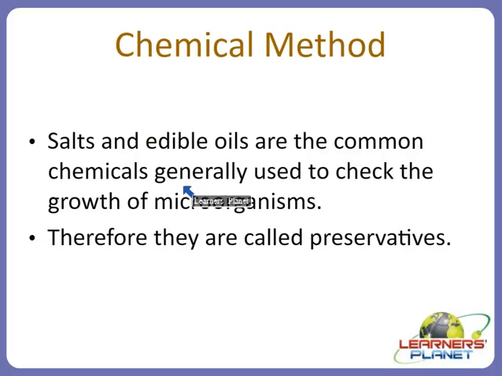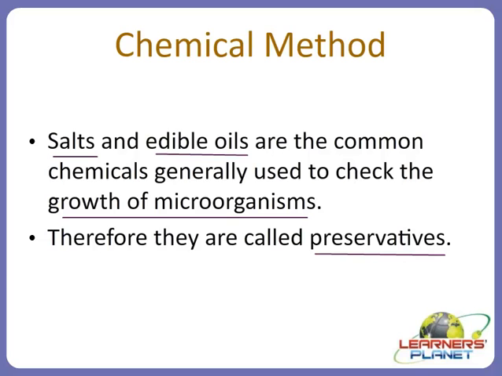These are commonly used items at home to control the growth of organisms. Such chemicals which are used for controlling the growth of organisms in the food item are known as preservatives. Common examples of chemical preservatives are salt and certain edible oils.